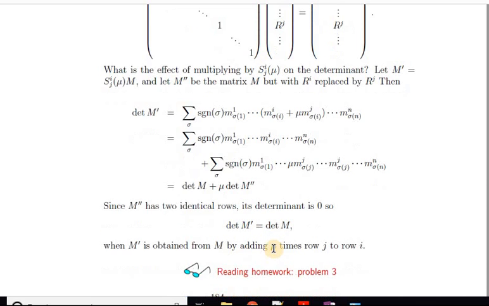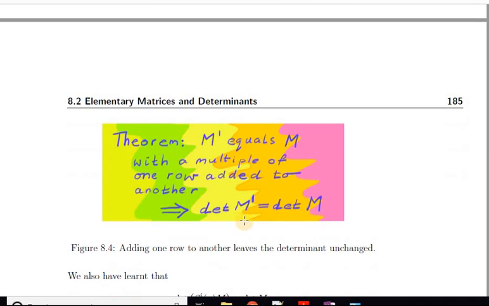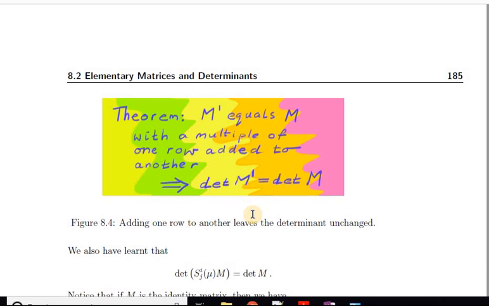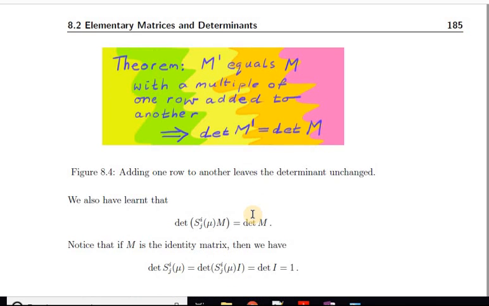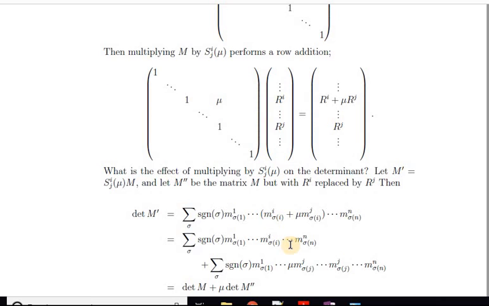All right. So the final thing I need to do to complete my discussion is: what is the determinant of this elementary matrix? Well, you can actually do the same argument on this elementary matrix that you did on the matrix M, because you can just do the very same thing in the determinant expression and find out the determinant of this elementary matrix is equal to 1.